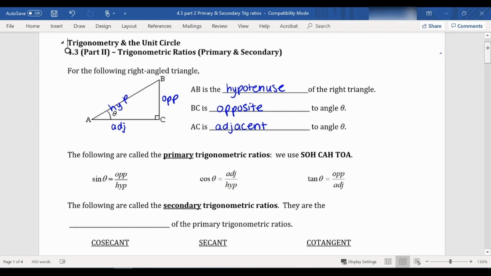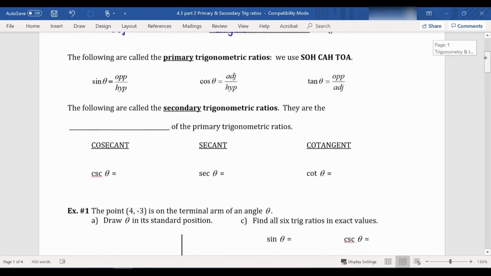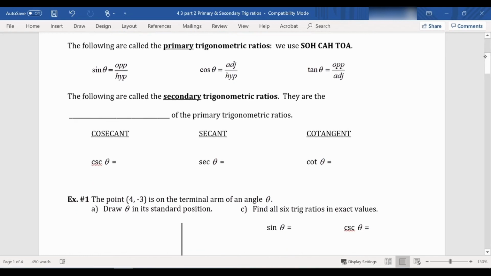Now we're going to be learning today about three new trig ratios, and these are your secondary trig ratios. They are simply the reciprocals of our three primary trig ratios. So cosecant is written CSC theta, and this is 1 over sine theta. It is the reciprocal of sine.